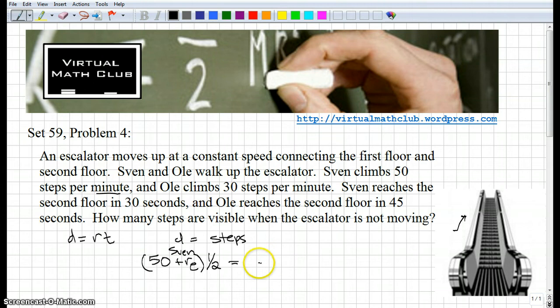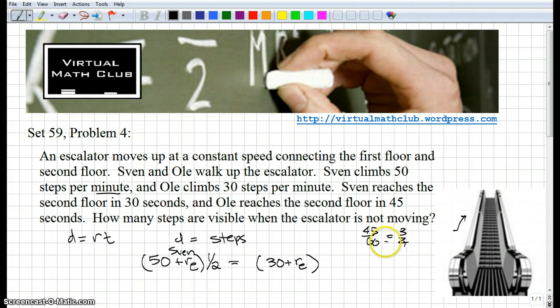Now let's look at Oli's rate and time. Oli climbs the steps at 30 steps per minute, and he is also boosted by the rate of the escalator, because it's also moving up, and he takes 45 seconds to get to the second floor. So 45 out of 60, that's the same thing as 3/4.